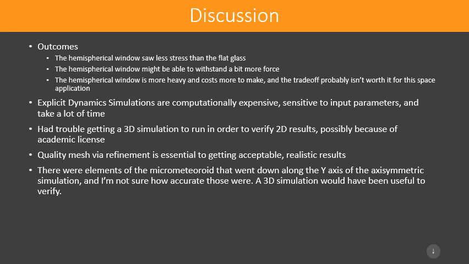Some of those elements kept going to the next pane, but it turned into a flat line of red elements going down, and that seemed a little questionable to me as to how accurate those were and how far they'd actually keep going down.